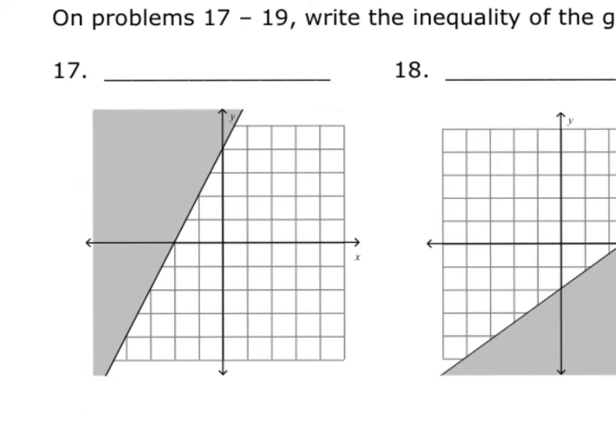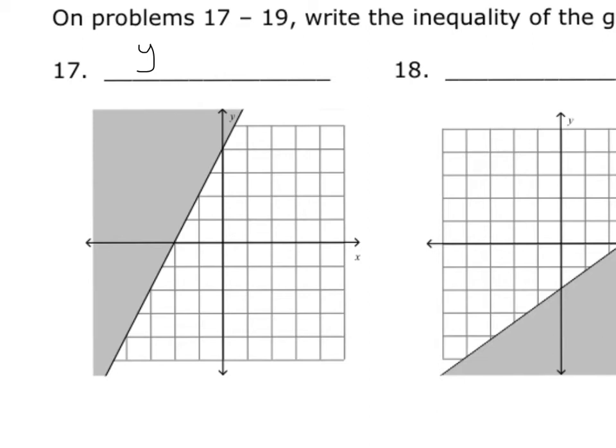Okay, for 17 through 19, we're going to write the inequality for the given graph. The way that I do these is, first, we know that if we're going to write an inequality, it's going to be y is greater than, y is less than, or greater than or equal to, less than or equal to. So my first step is I'm going to go ahead and write y. And if it's an inequality, we need to determine, is it greater or is it less?